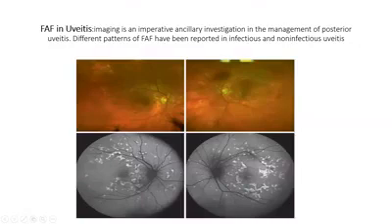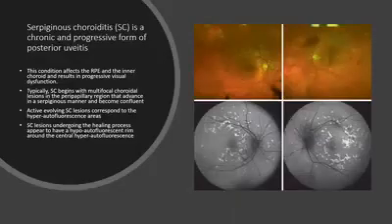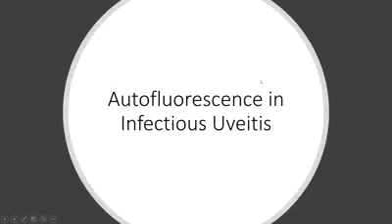And I will show you why the fundus autofluorescence can be very useful for us. This is a patient with serpiginous choroiditis. We can look at the picture of the right eye and the left eye, and you can see many serpiginous lesions across the fundus. The question is whether these lesions are active or not.